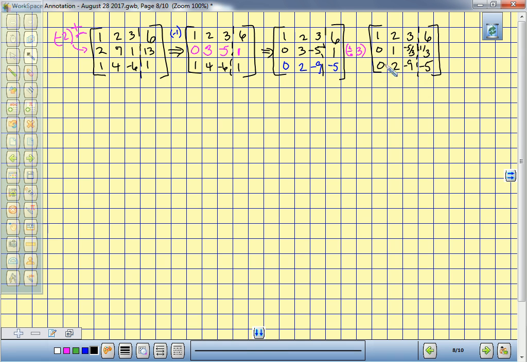Now we want to turn this one into a 0. If we took that first row and multiplied through by -1, and added it to this row, it'll turn this into the 0. That's our next step.